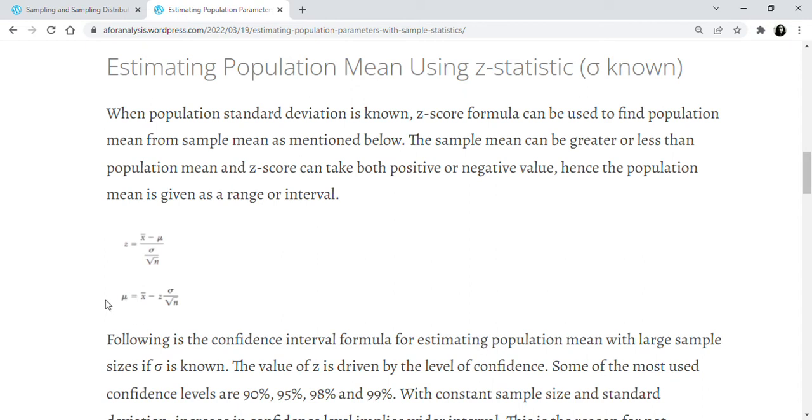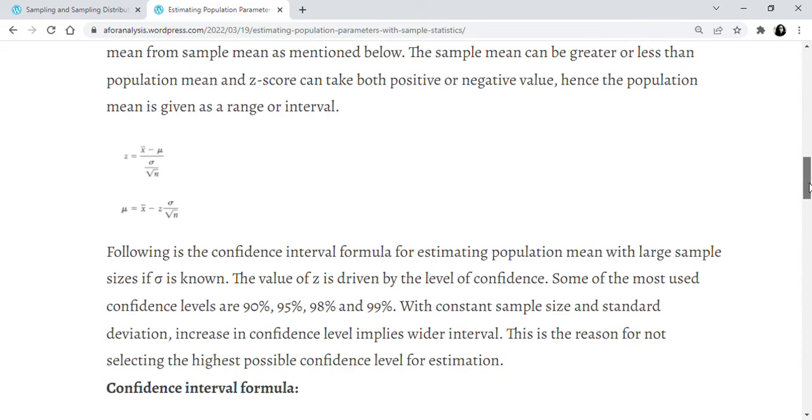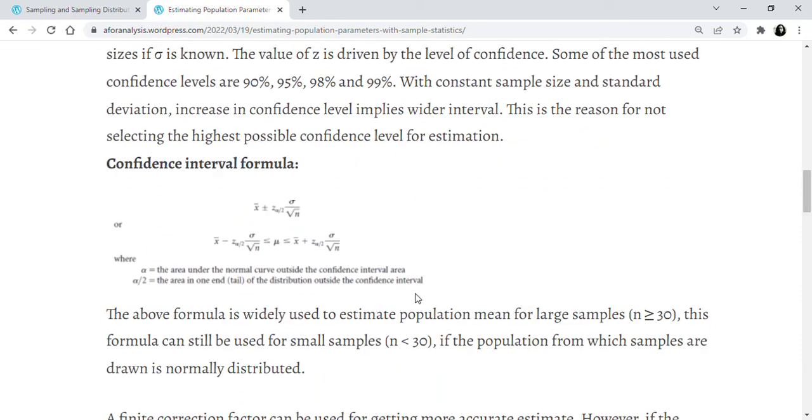What if we want to give a range, like for a confidence interval? In such cases, the formula will look something like this, where the z-score has positive and negative values, and mu, the population mean, will lie between these two values.